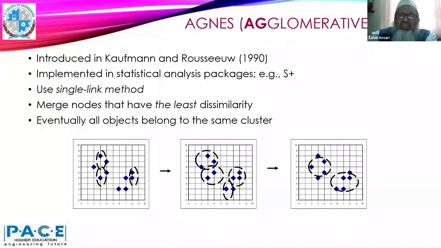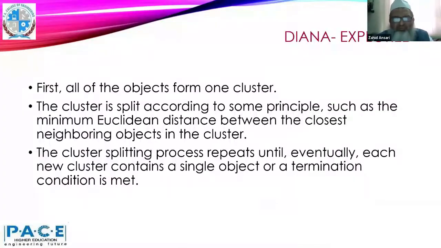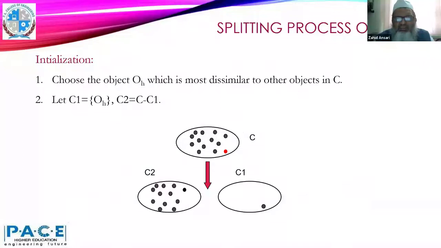Now there are two variations: AGNES, which is agglomerative, bottom-up, and the other is DIANA, which is divisive, from top to bottom. In DIANA, basically, we initially choose all the objects as a single cluster.